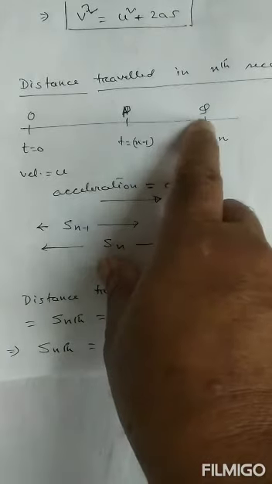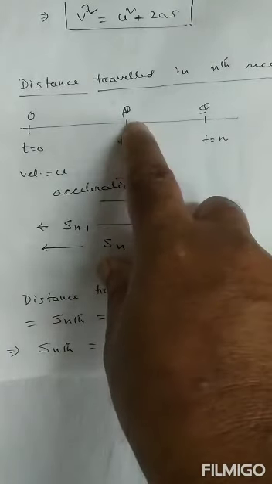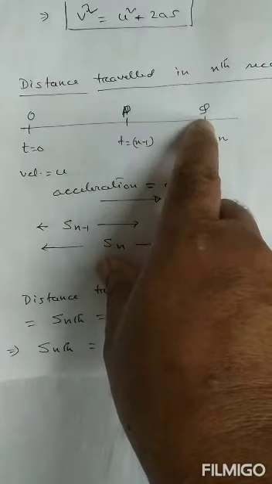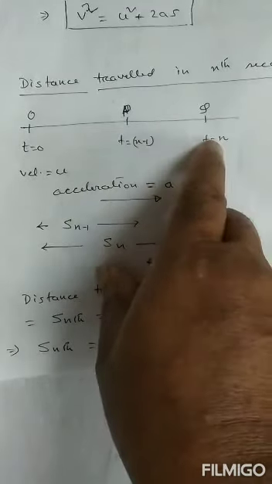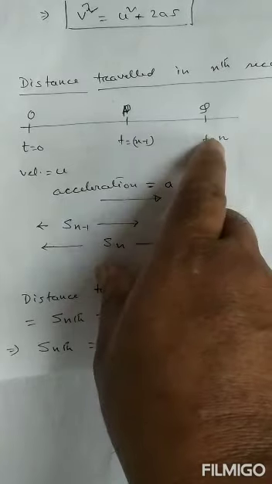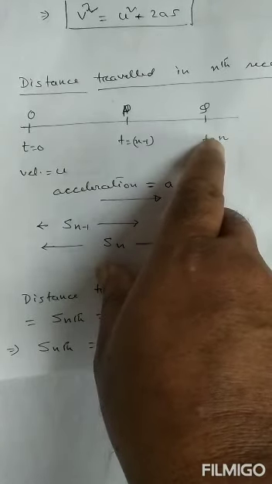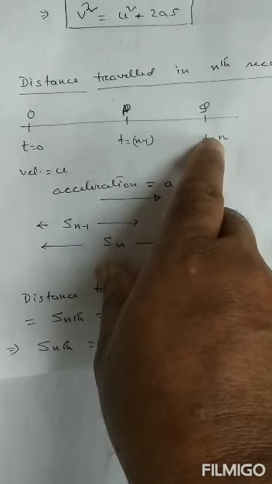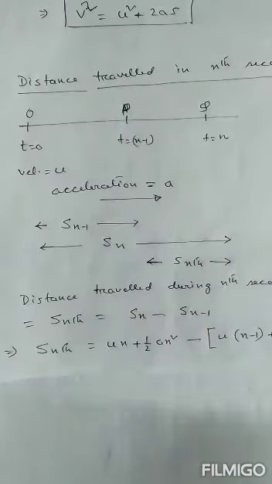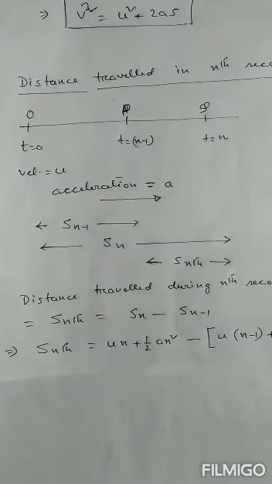So this distance, the body travelled in the time interval 2 to 3. So therefore this 2 to 3 is called the third second. What is the first second? The first second is the time interval 0 to 1. What is the second second? 1 to 2. What is the third second? 2 to 3.